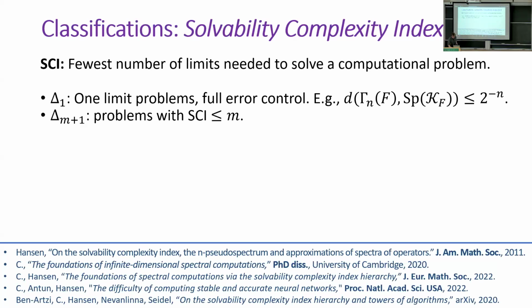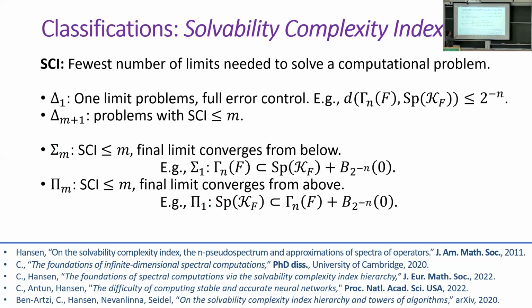We can refine this a little bit. For example, we might want to know whether the output of our algorithm is trustworthy. So sigma m are problems with SCI bounded above by m, where the final limit converges from below. So what do I mean by that? That's kind of an obvious statement if you're converging in, say, R or a totally ordered set.